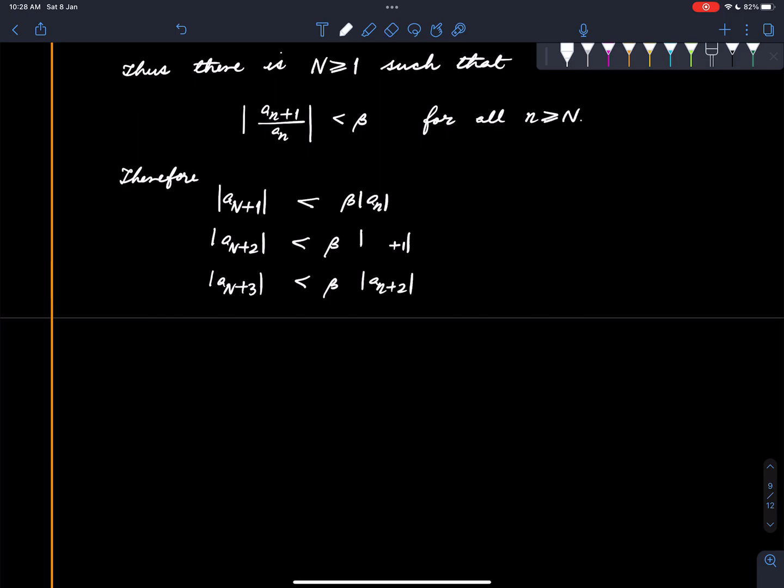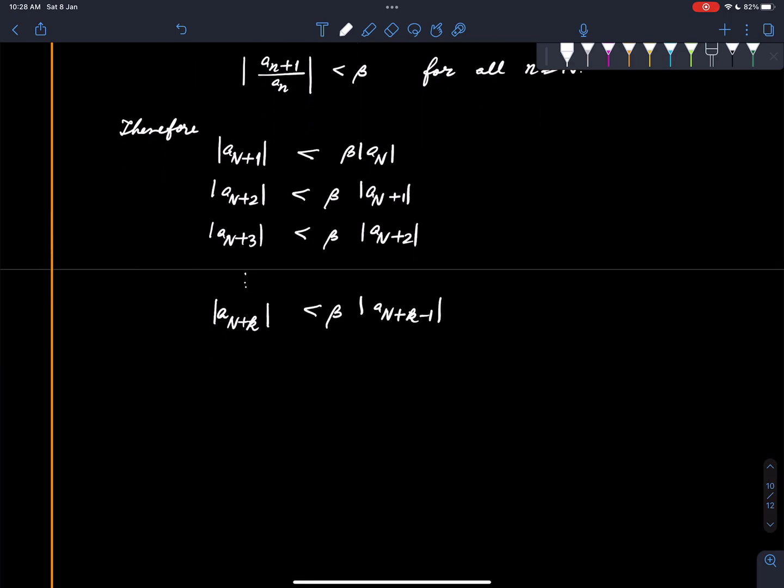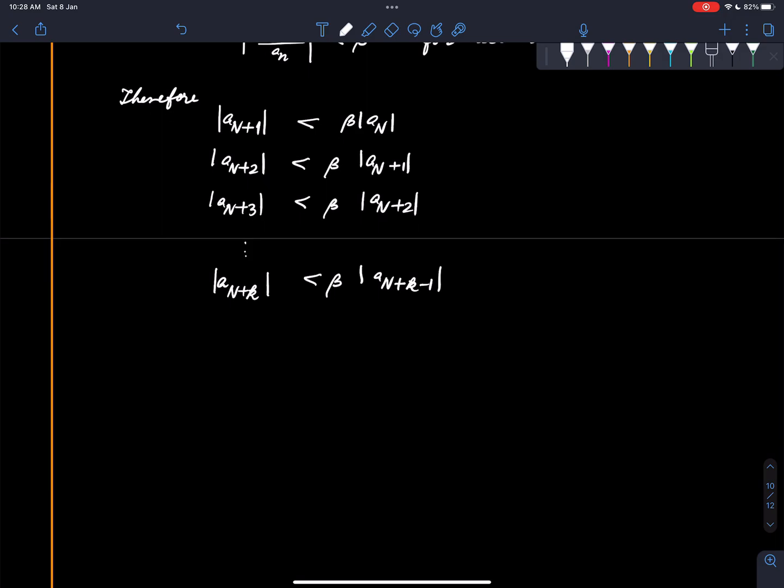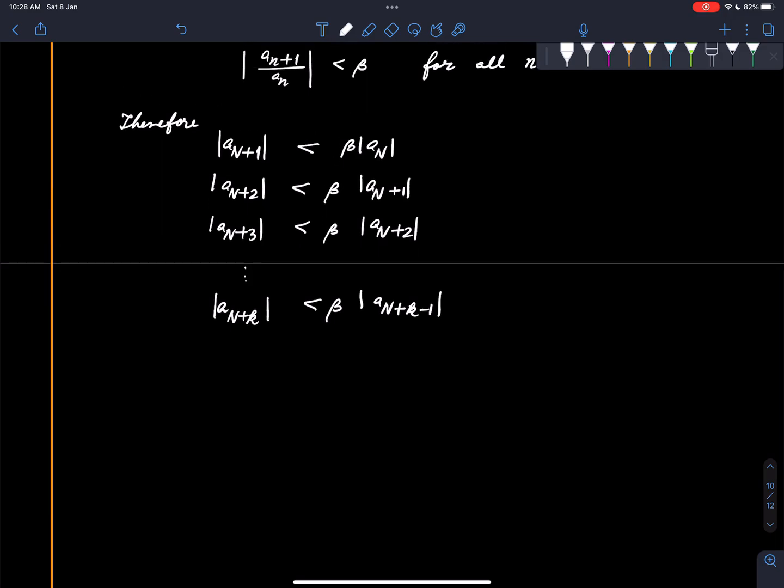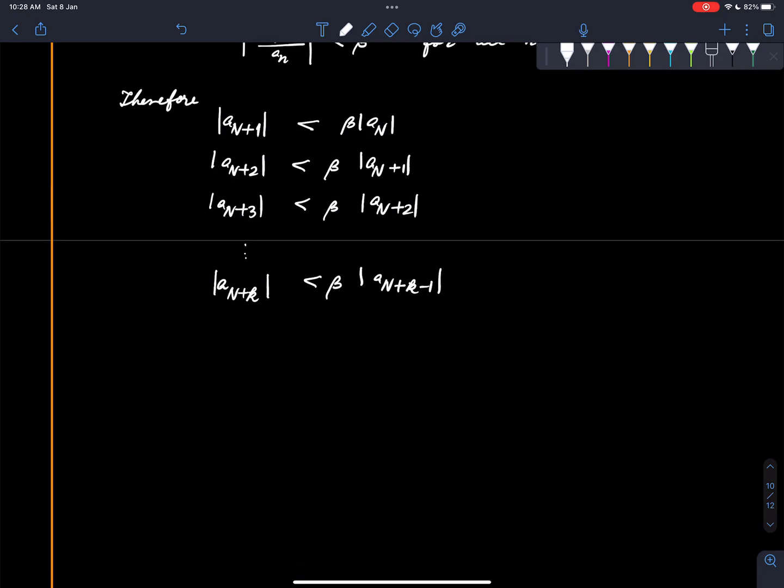Sorry, this is incorrect, this is a capital N, capital N, capital N. And let's say we go up to k terms. So |a_{N+k}| is less than beta |a_{N+k-1}|. This is for all k greater than or equal to 1.